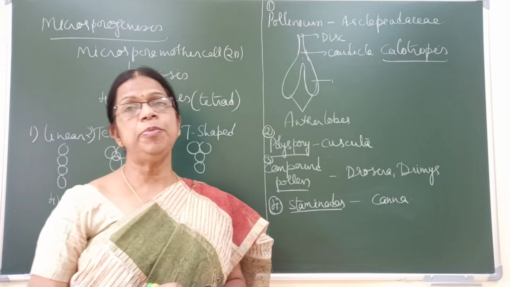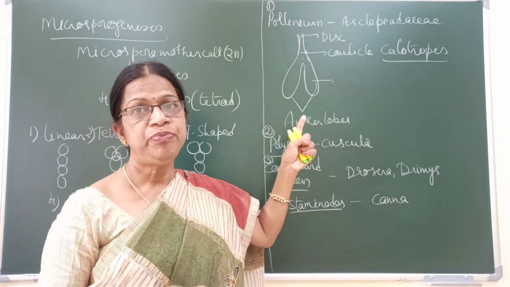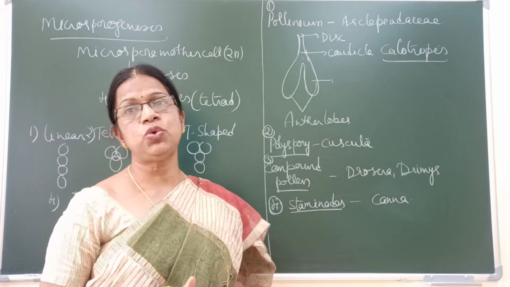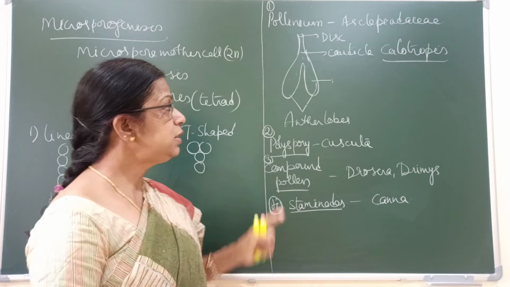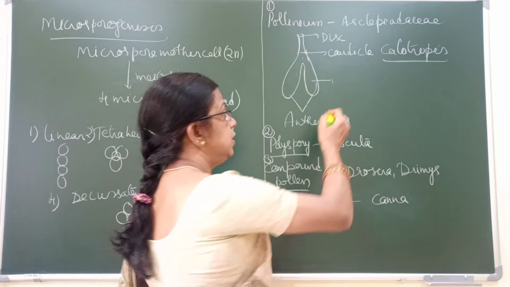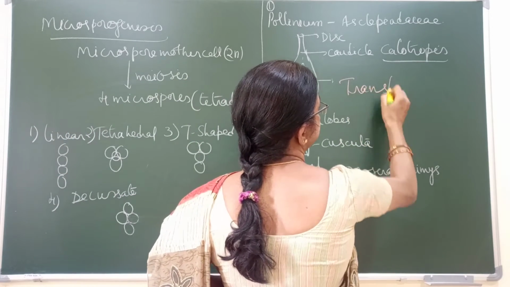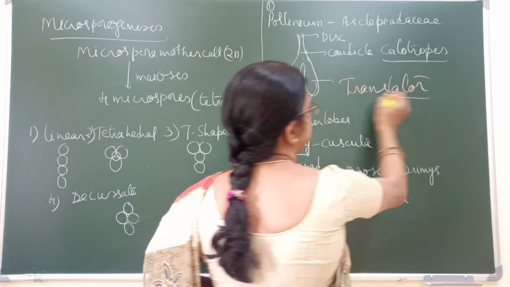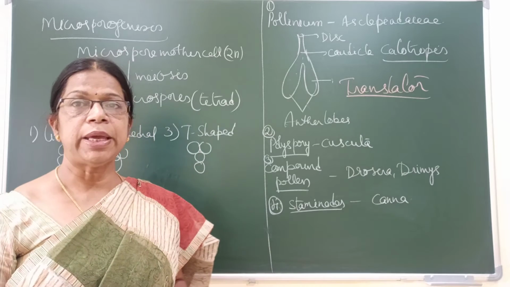When an insect visits such a flower, this disc will stick to the body of the insect and easily gets removed. This type of pollination mechanism using pollinium is called a translator mechanism.